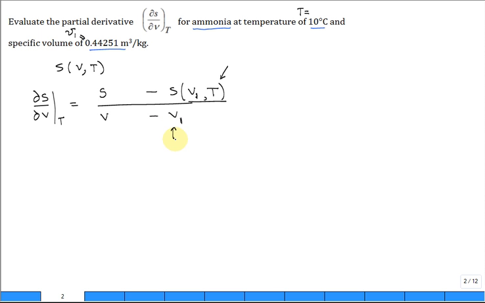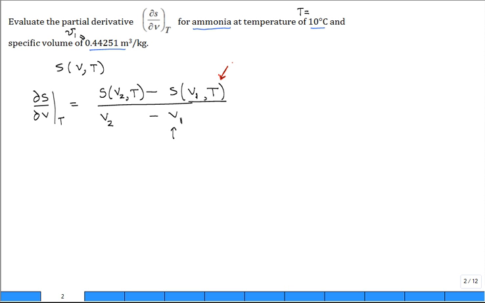Now I need to find another point that's hopefully close to it, but it's going to have to come out of the tables. And so it's going to be the S at a new point. I'm going to vary V. So I'm going to have to evaluate it at the new V and at the same temperature. Again, I have numeric values for some of these.